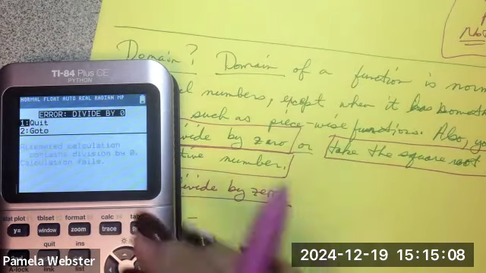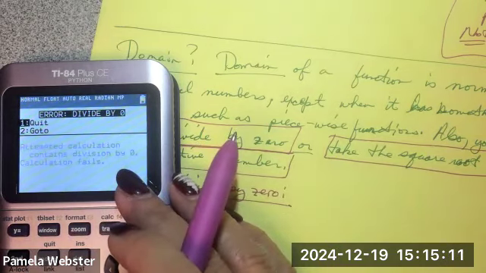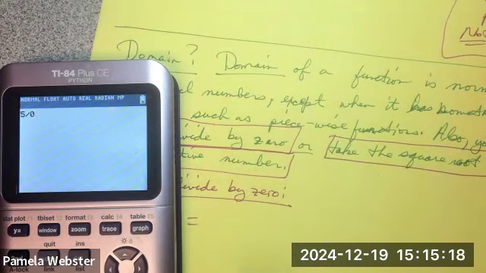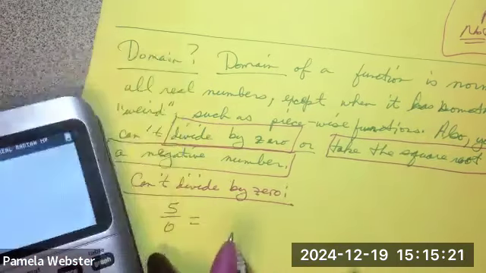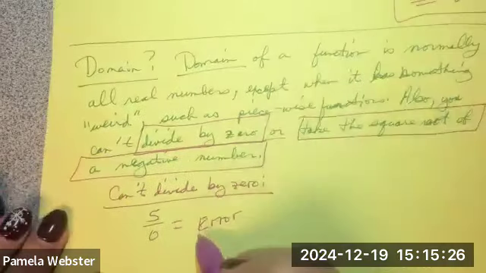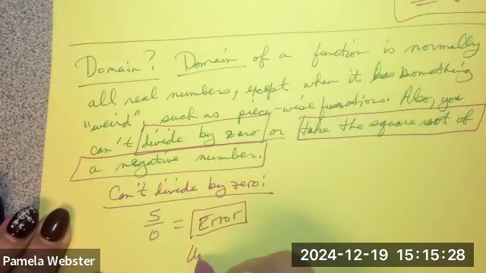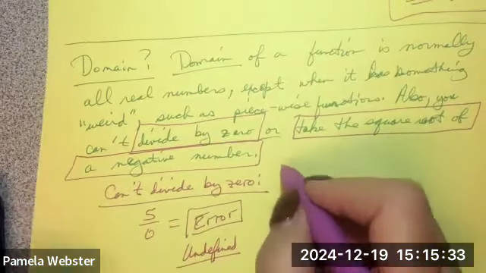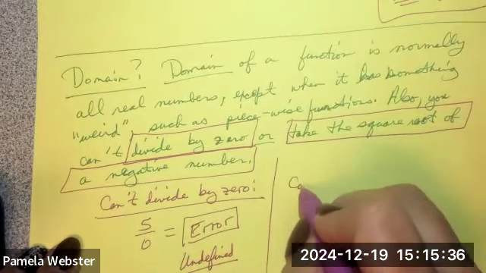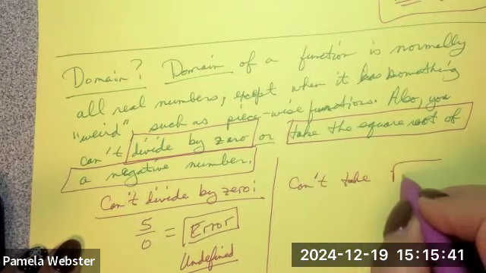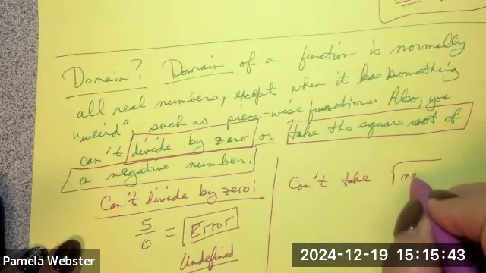And if you have a more advanced calculator, it's going to tell you that you have an error, you can't divide by 0. You can either quit or go to where the issue happened. So that's one of the issues. 5 divided by 0 is an error. It's undefined. And the other issue is whenever we can't take the square root of a negative number.